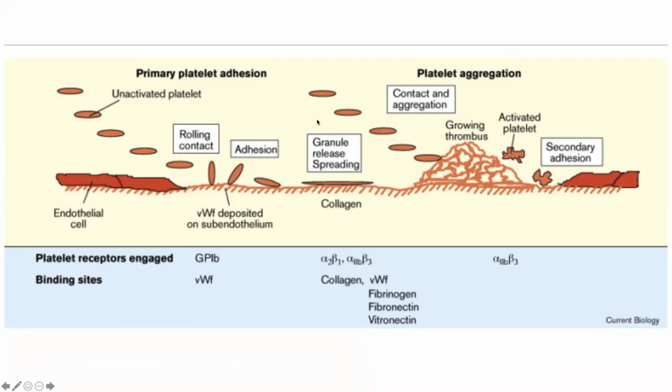There will be granules released from the platelets, and then that will attract more platelets to come and join, and that is called the thrombus formation, primary platelet plaque formation.